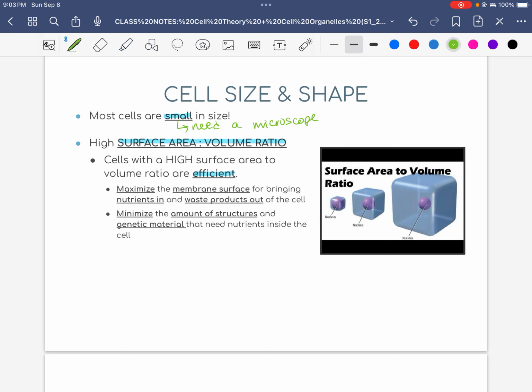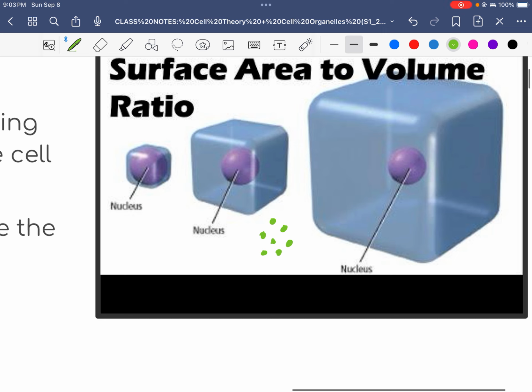So cells need to move substances like maybe nutrients. Nutrients need to go into the cell, and then you've got waste products that build up inside the cell.